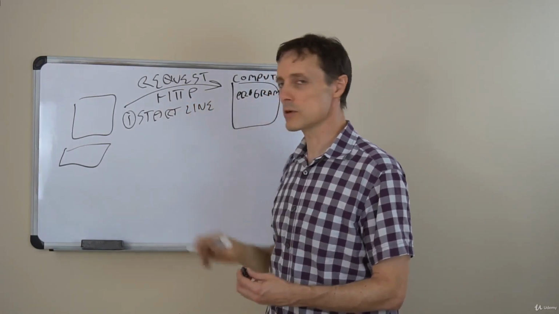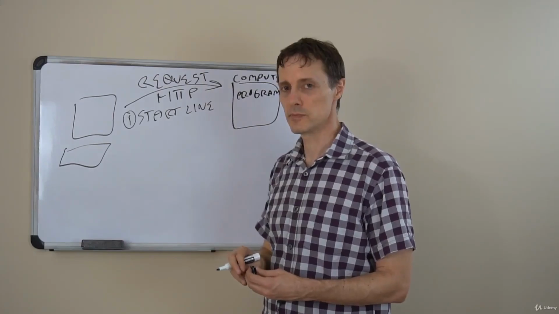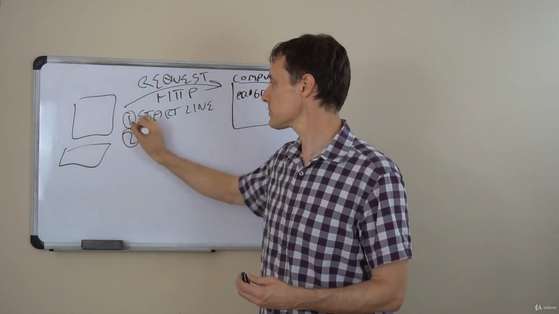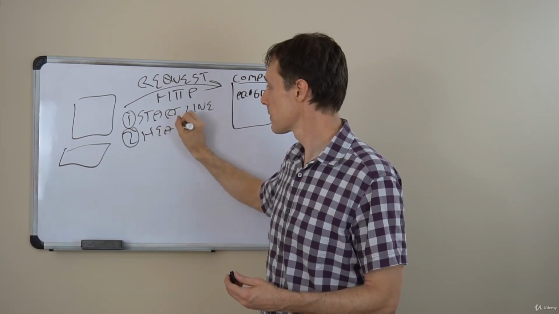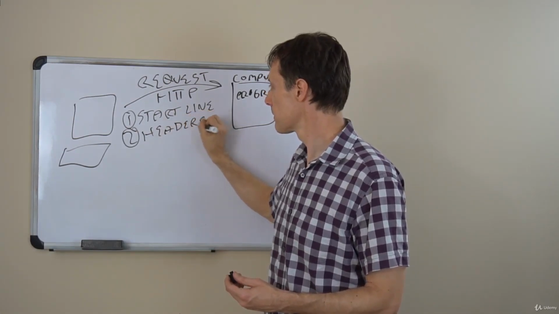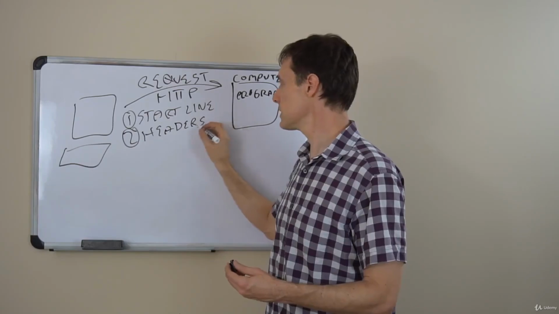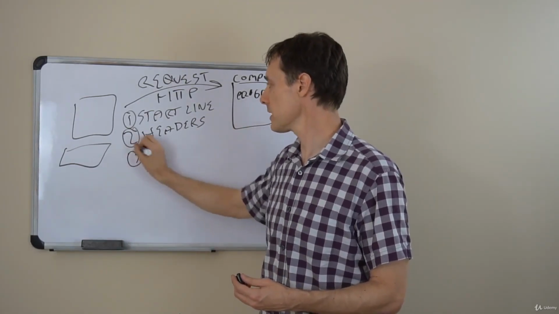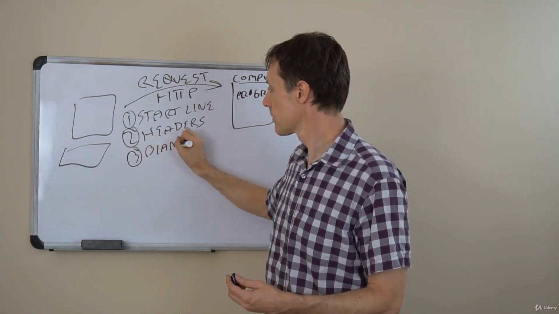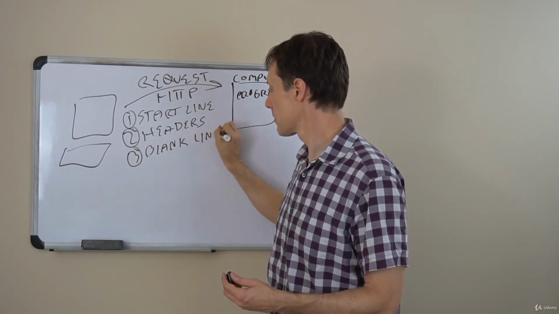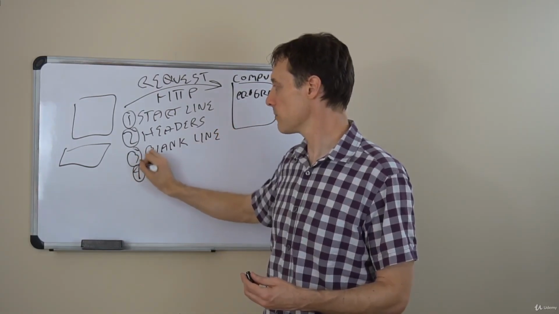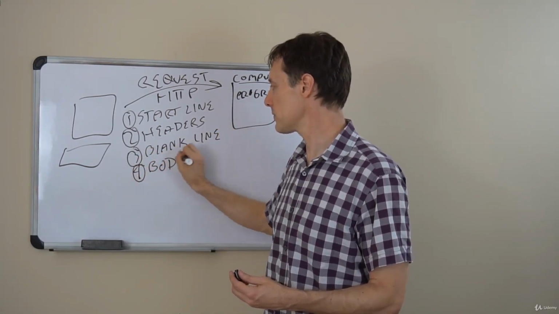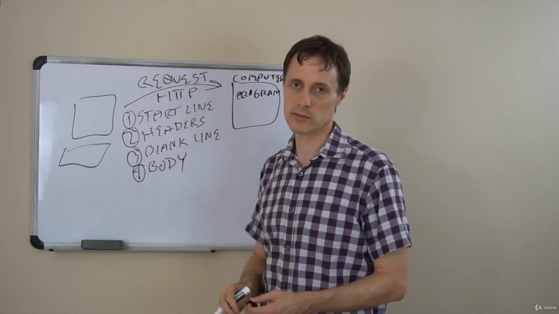That starts the program, tells it what to do. Two are headers. That provides additional information other than the start line. Three is a blank line. And four is a body where we can send it information, actual information.